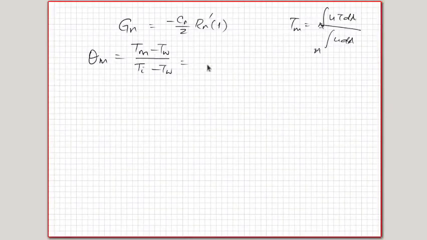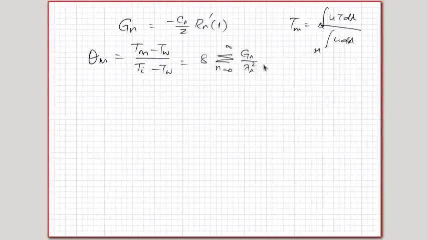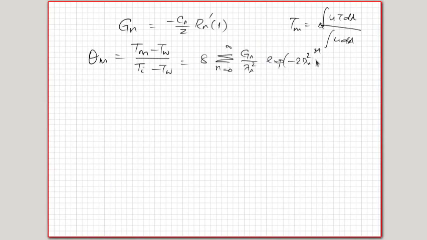Okay, so if you define this, it actually gives you 8 times summation over n is equal to 0 to infinity of Gn by lambda n square multiplied by exponent of minus 2 lambda n square into x tilde. So that is your mean temperature at any x. Okay, so this is entirely independent of radius. It only gives you a function of x.